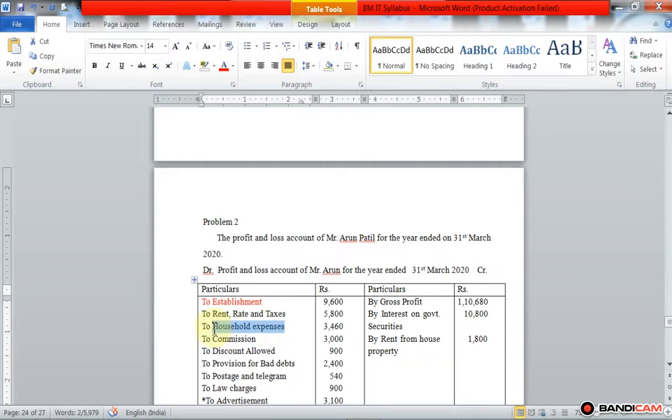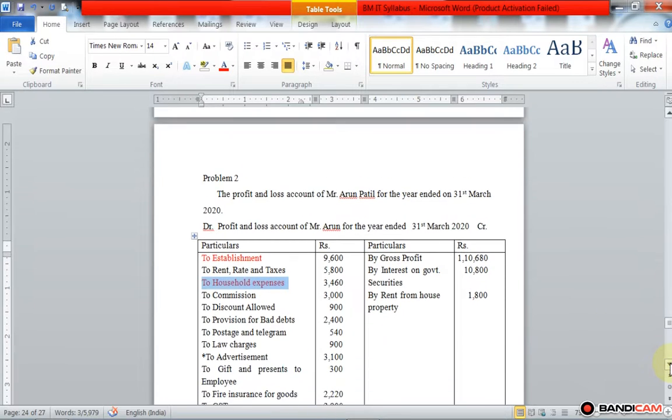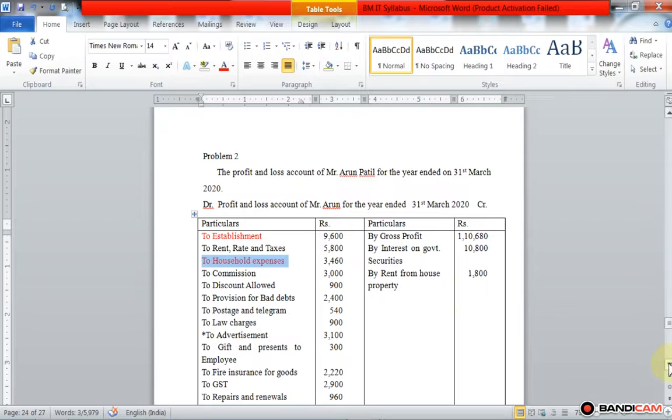Then we directly add household expenses, as it is a personal expenditure, to net profit. Commission paid is business expenditure, discount is also business expenditure, but provision for bad debts, all provisions and reserves are disallowed. So provision for bad debts is disallowed and is added to net profit.